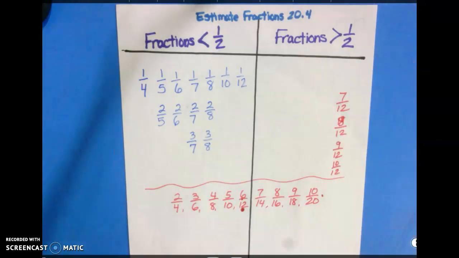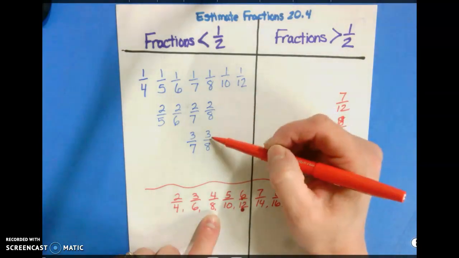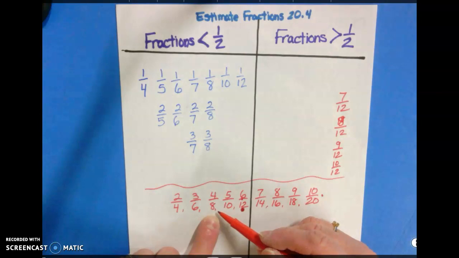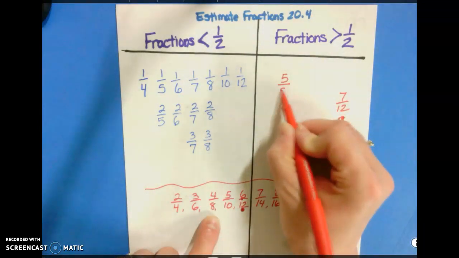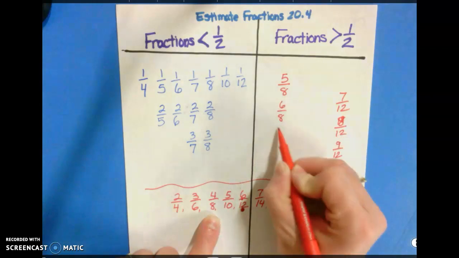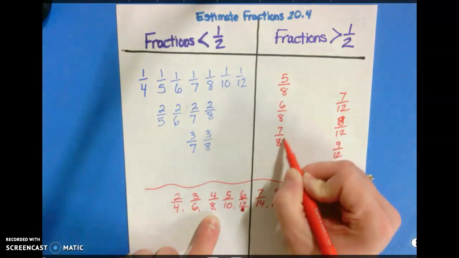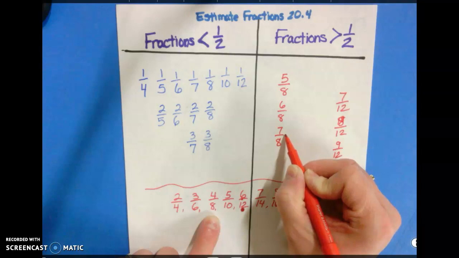Again, let's just look at a couple other ones. What about my eighths? Well, I know that 1, 2, and 3/8 are less than a half. I know my 4/8 is right at the halfway mark, and so that leaves fractions like 5/8, 6/8, 7/8. Now, can you picture that stick? It's almost the whole stick.